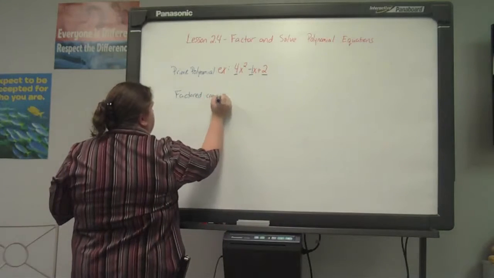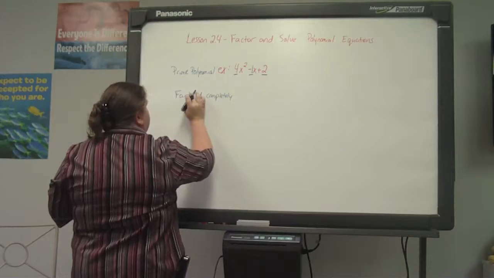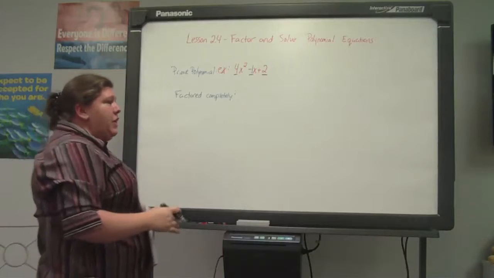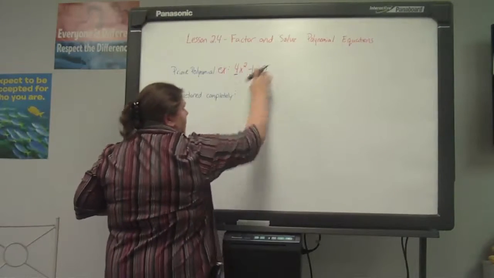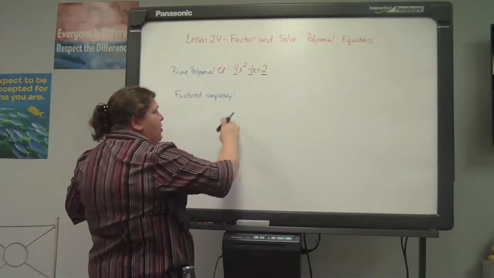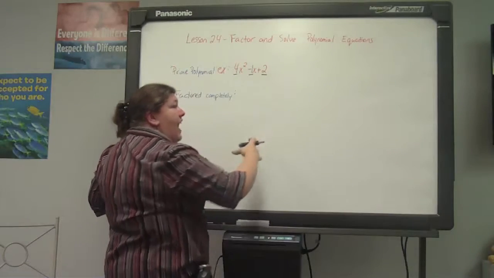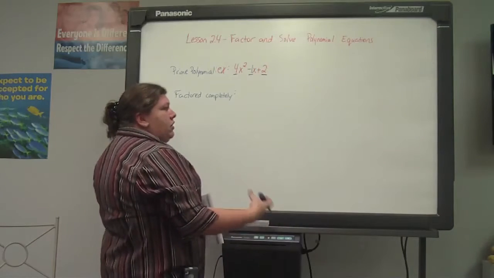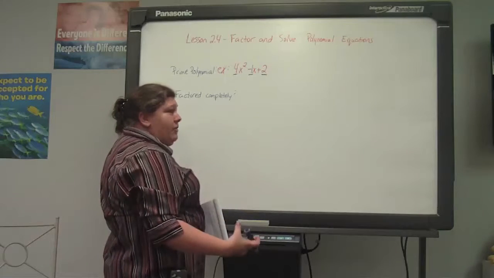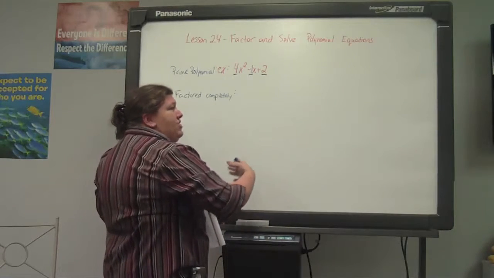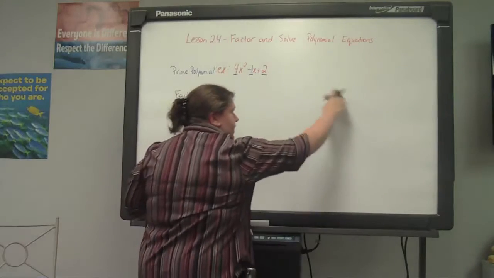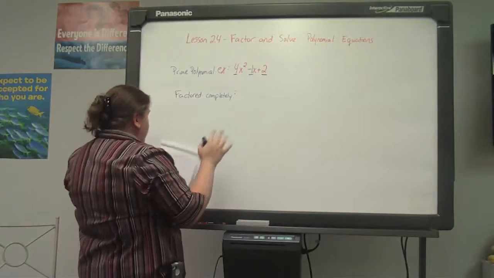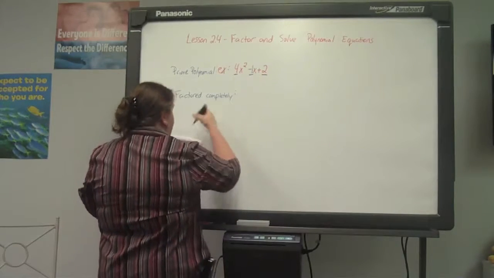Being factored completely means that when you see an equation like this, if you can take something out, if you can factor it, and factoring goes back to chapter 1, if you can factor and make it a true statement, then you need to continue factoring until you get down to a prime polynomial.